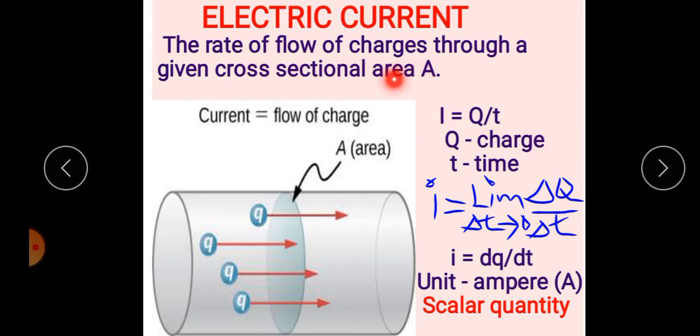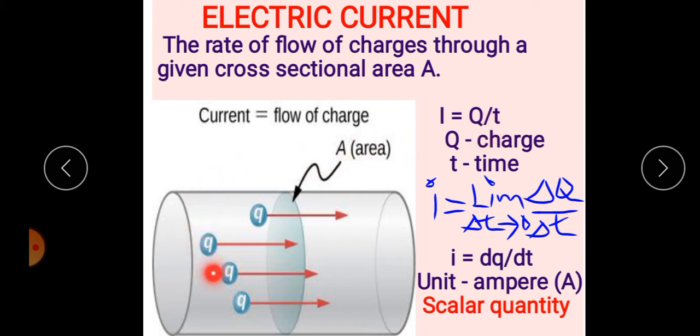This is the definition. Now consider a conductor with cross-sectional area A. If a net charge Q passes through any cross-section of the conductor within time t, the net current is defined as I equals Q by t. Q is charge, t is time.